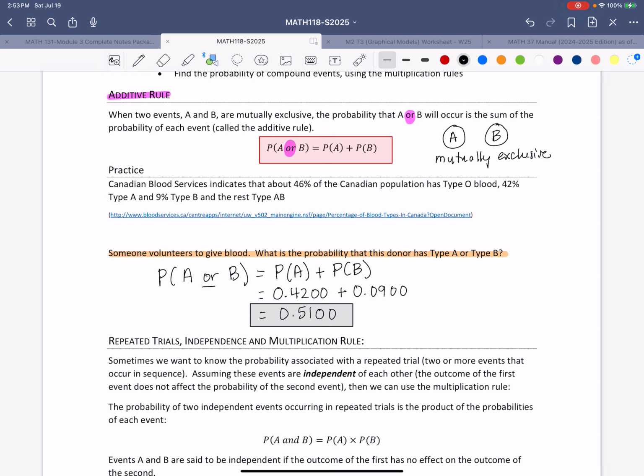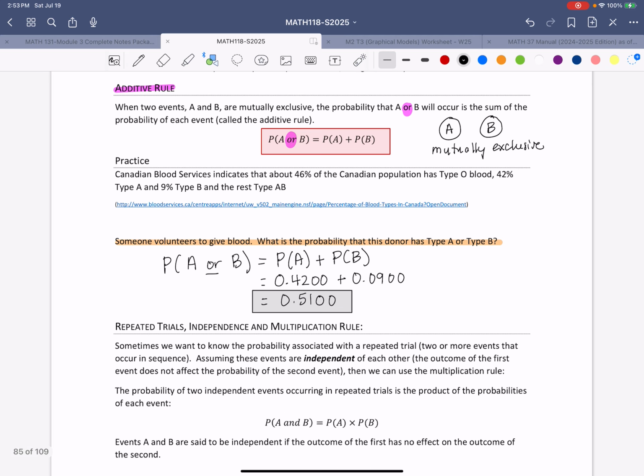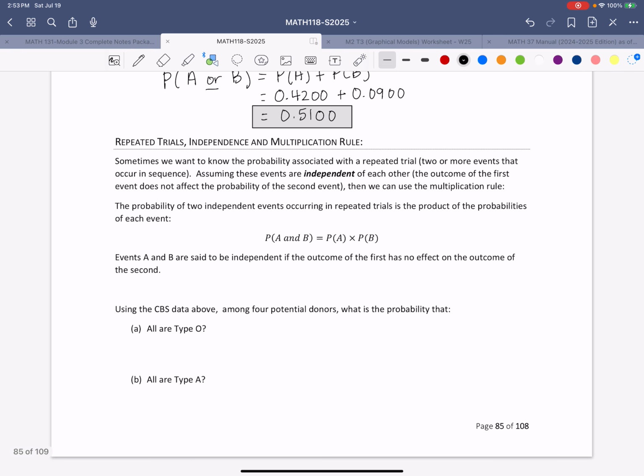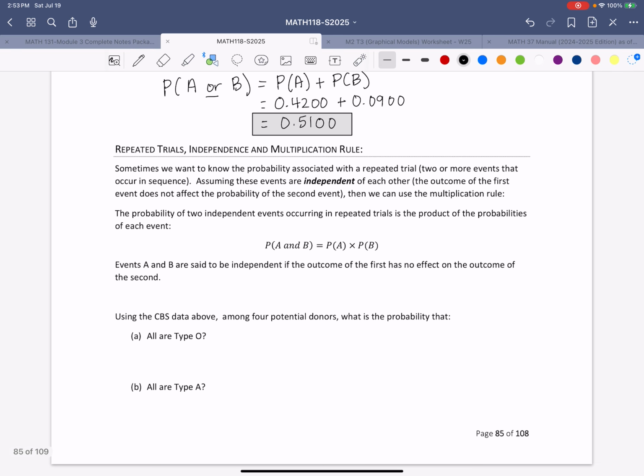When we move on to our next step, which is repeated trials, independence and multiplication rule, this is a different rule than the additive rule. Sometimes we want to know the probability associated with a repeated trial, 2 or more events that occur in sequence. So this, and then this, and so on.